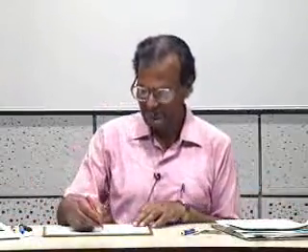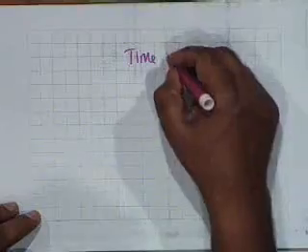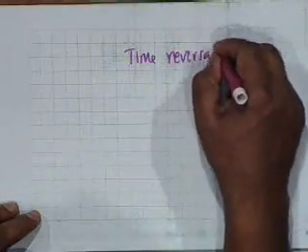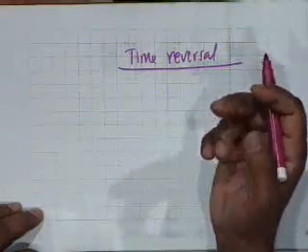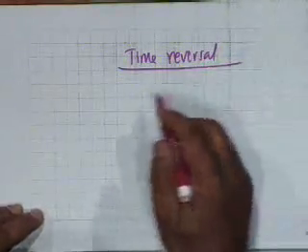Then another interesting property is that of time reversal, and this is quite dissimilar to what we have learnt in either Fourier transform or Laplace transform.